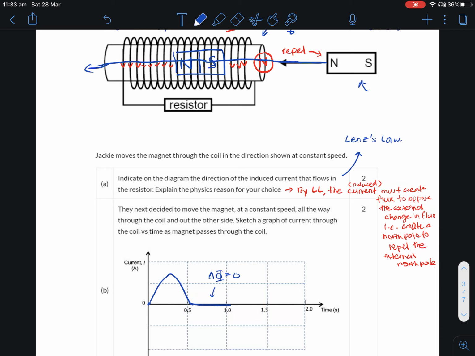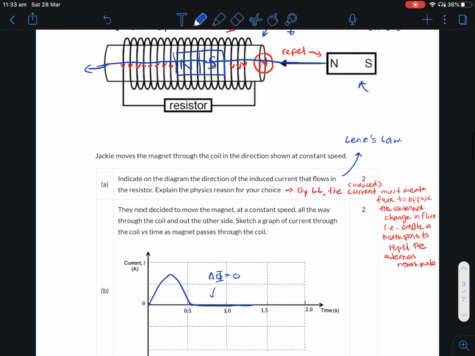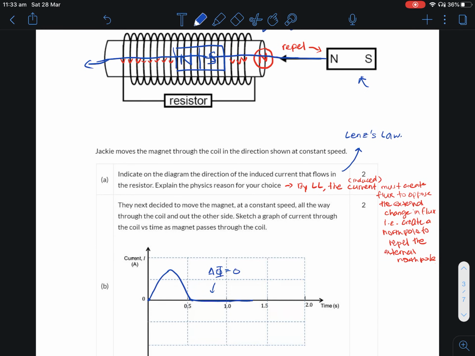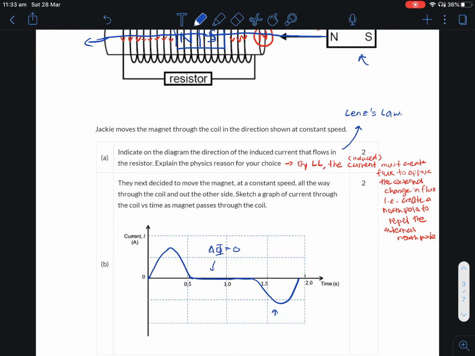And then as the magnet leaves the solenoid, there's also going to be an induced current, because then the solenoid experiences a decrease in the flux, right? Because the magnet's leaving. And so therefore, there's going to be an opposite induced current. So this is when the magnet leaves, and this is when the magnet enters.